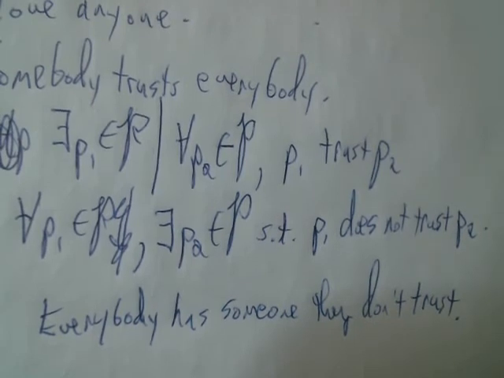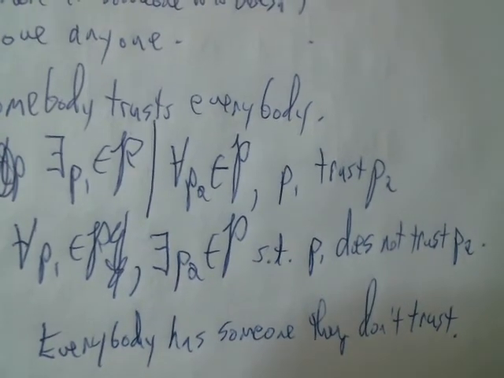Okay, so now let's get into the idea of changing the order of the quantifiers. It doesn't automatically change the truth value. If your original statement is true and you change the order, it could still be true, but it could also be false.